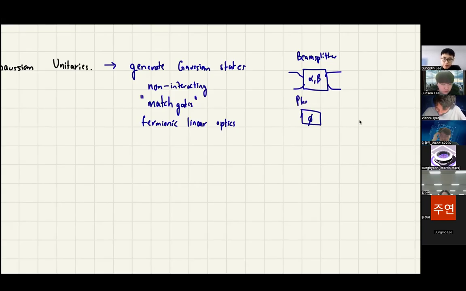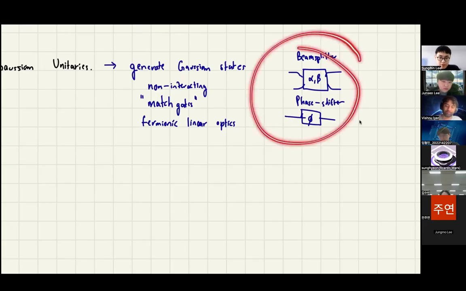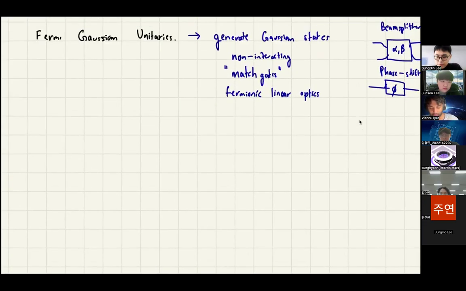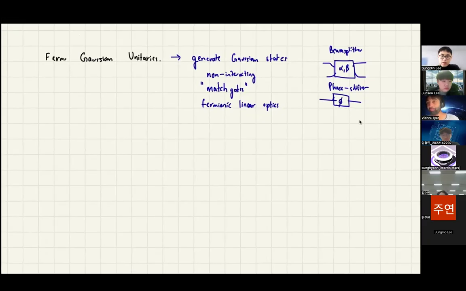Sorry, excuse my handwriting. It doesn't really matter what these components are, but you should think of these things as the gates that you use to generate these unitary operators.